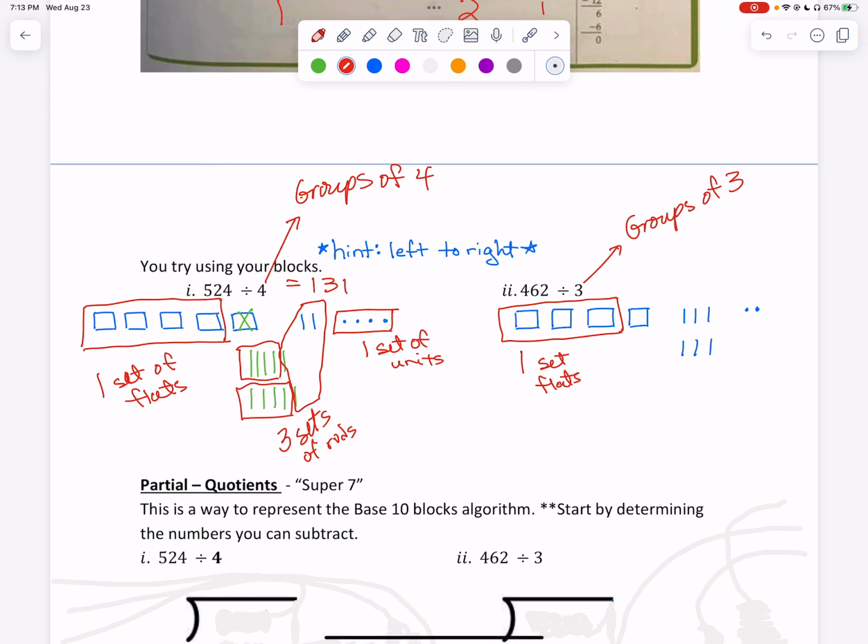Once again, I've got to take this guy and separate it into 10 rods. So 1, 2, 3, 4, 5, 6, 7, 8, 9, 10. All right. And now let's separate them into groups of 3. There's a group of 3. There's a group of 3.